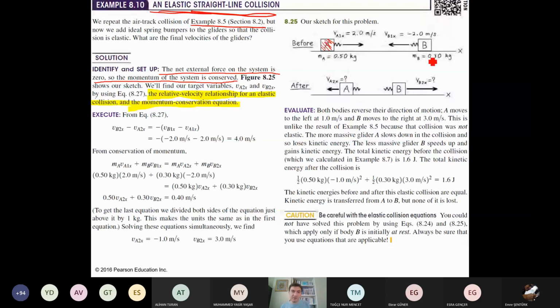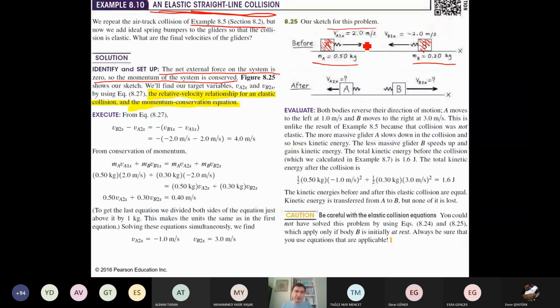This has certain mass 0.5 kilogram. This has certain mass 0.3 kilogram. And before the collision, this A box has certain velocity, 2 meters per second, and B box has opposite velocity with same magnitude, minus 2 meters per second.